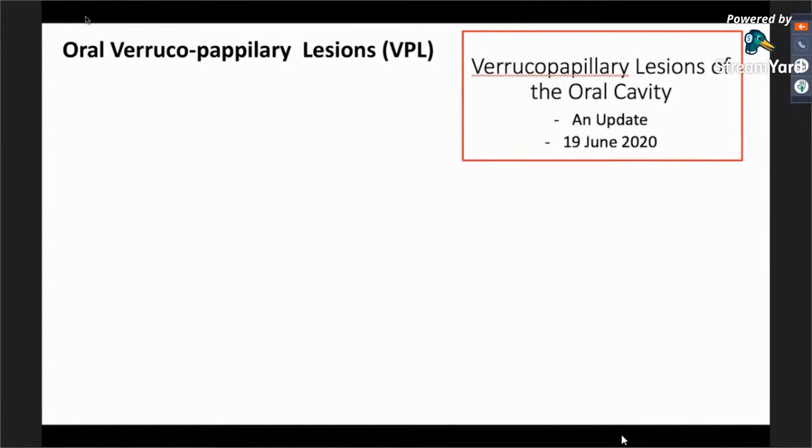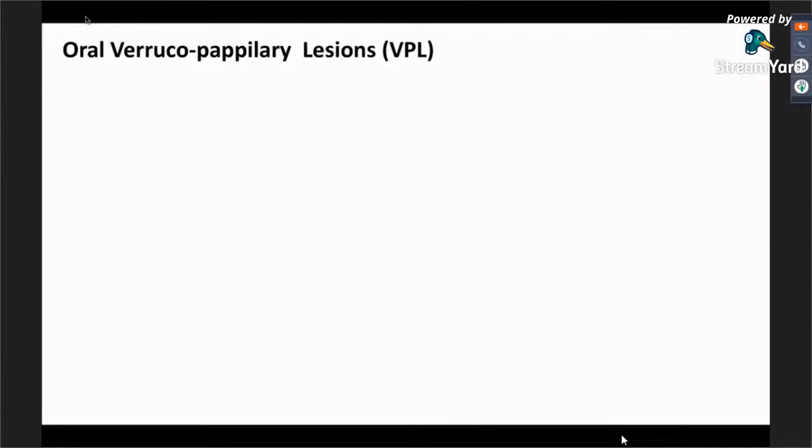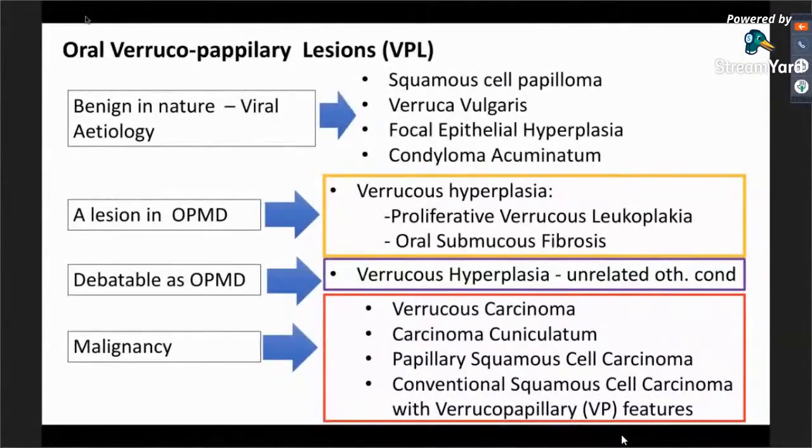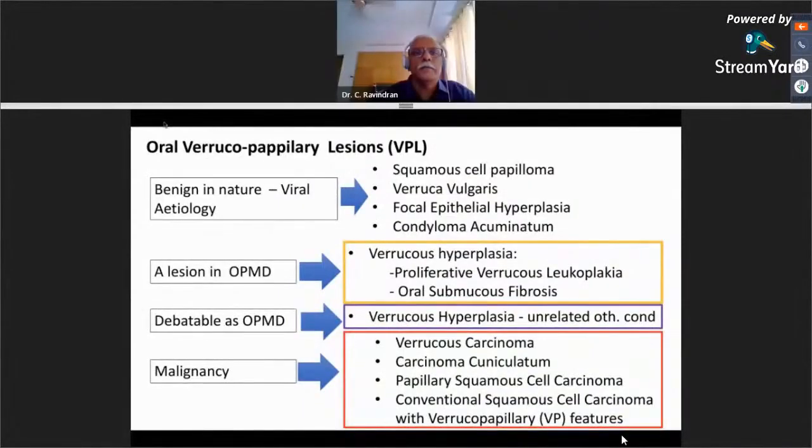With more papers on these lesions, I've come up with something new. The first part, the benign, is still the same, but for the lesion in OPMD, we talk about verrucous hyperplasia, and we all know that it can be in proliferative verrucous leukoplakia or in oral submucous fibrosis.